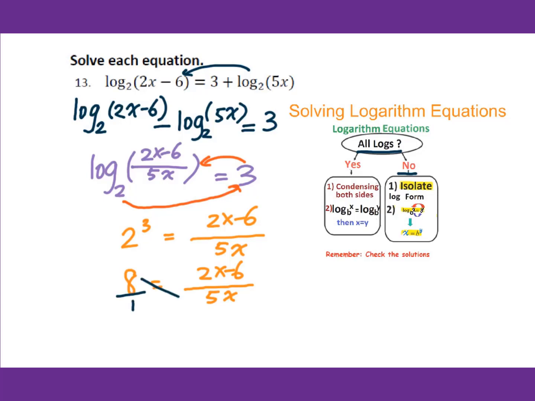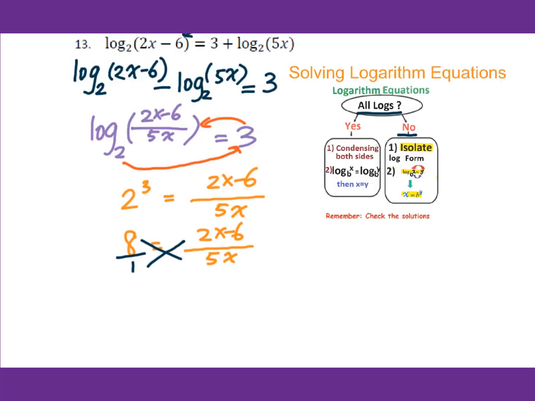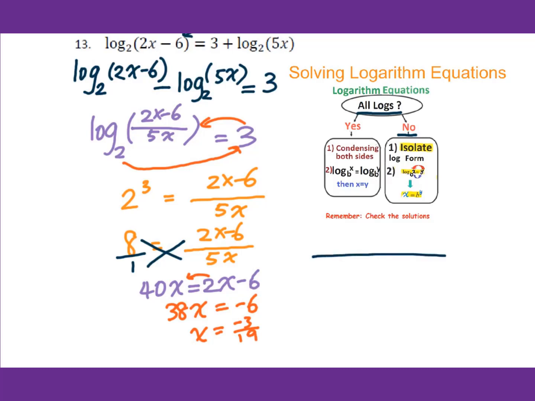Then we do cross multiply. You will get 40x equals 2x minus 6. Then we solve this linear equation. You will get 38x equals negative 6. x equals negative 3 over 19. We need to check this solution.